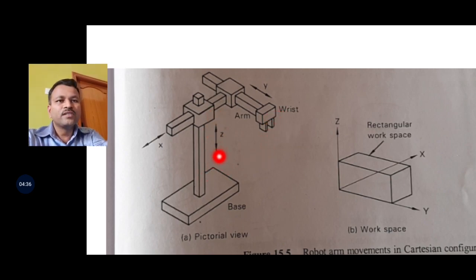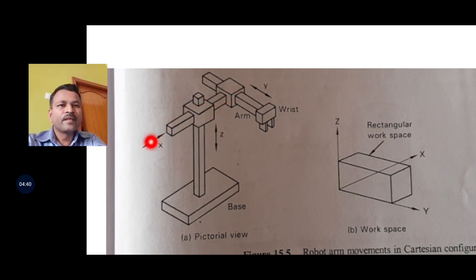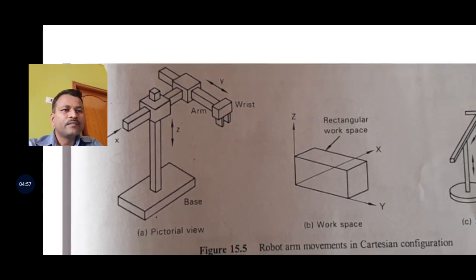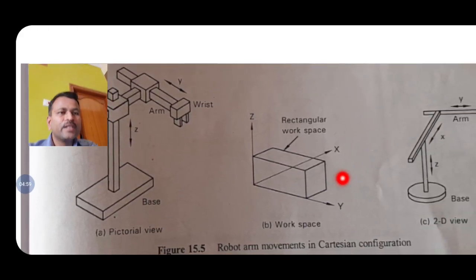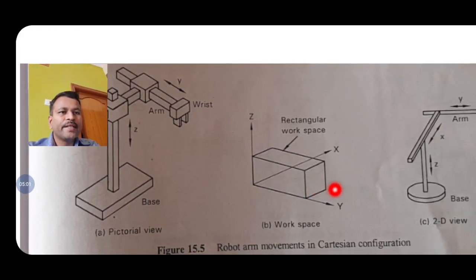Up and down motion is z. The longitudinal motion is x, forward and backward, and again one more linear motion, forward and backward. Totally we have 6 motions. You see here, this is the x direction, and here also you can see the motion x.